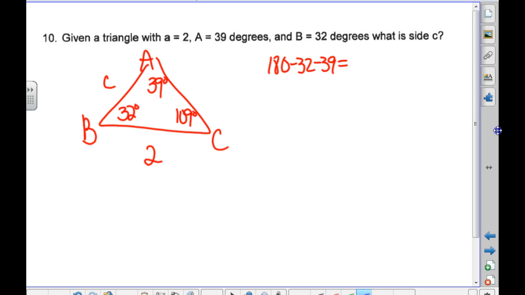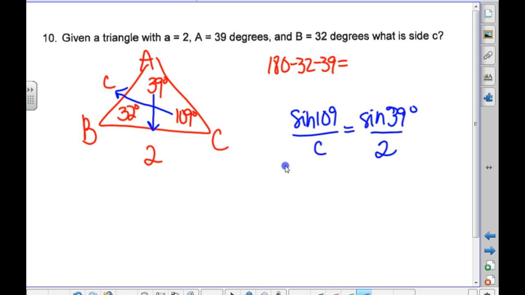My picture isn't even close to accurate. But then I can just set up the law of sines to find side C. So the sine of 109 is across from angle C in the same way that the sine of 39 degrees is across from 2.